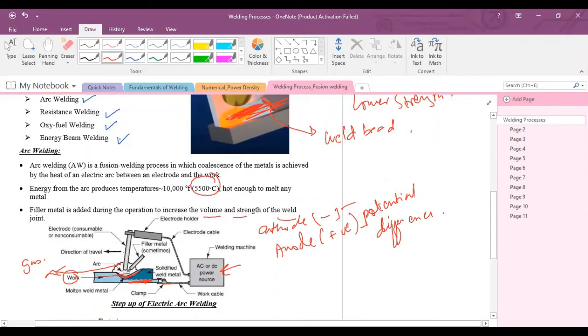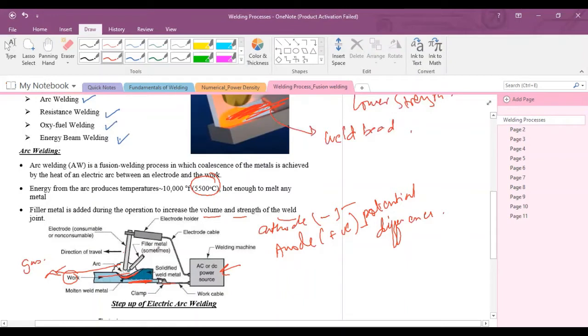If oxides, nitrides or carbonates form over the surface of the weld joint, they will create porosity and corrosion problems in the weld. That's why flux is commonly coated over the electrode or filler material.